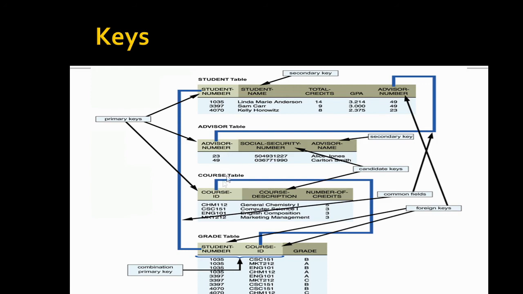Okay, so courses, for example here, we have the courses or subject description, and the number of credits. Then grade table, you have the student number, course ID, grade. So what's the primary key here? The primary key here is the combination of these two.